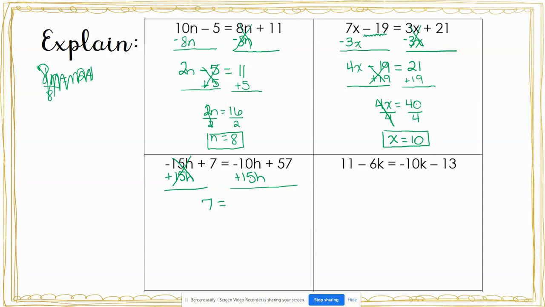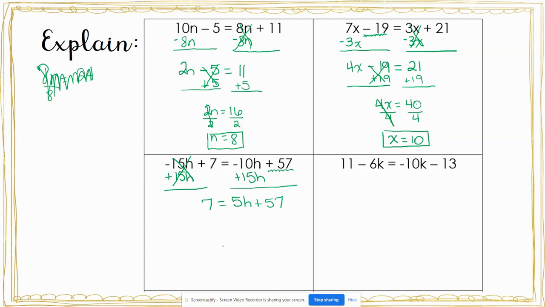On this side of my equation, I have negative 10h plus positive 15h, so negative 10h plus 15h. That gives me positive 5h. I also have plus 57 on this side of the equation that I need to rewrite. So now my equation just says 7 equals 5h plus 57.